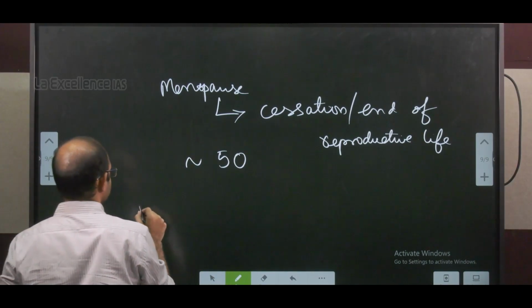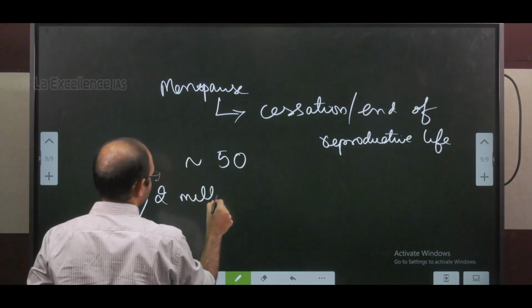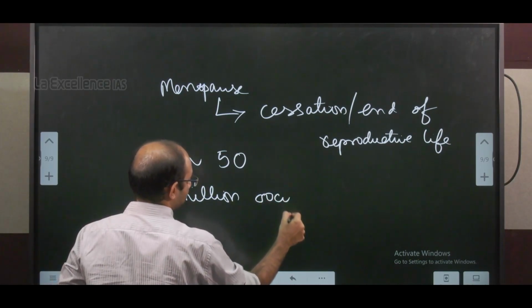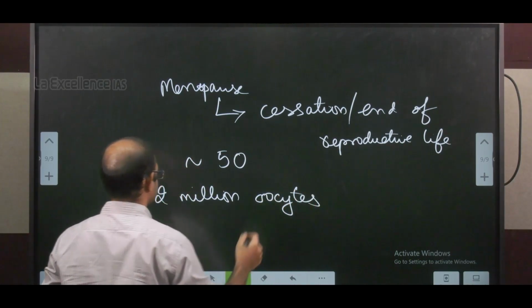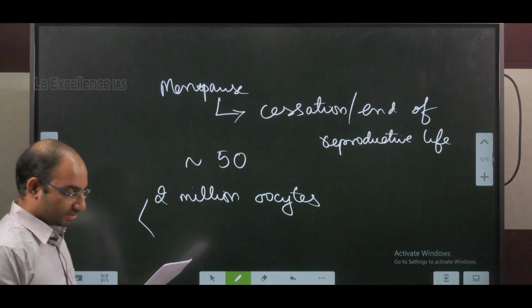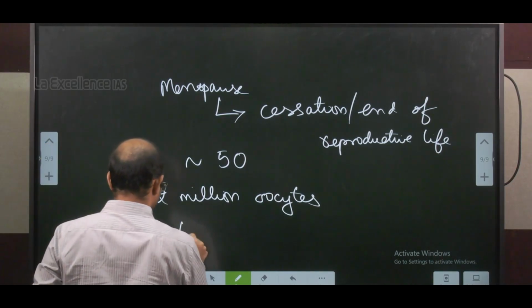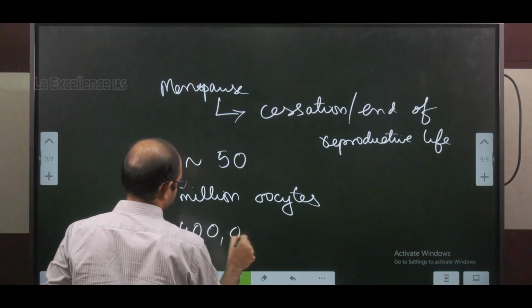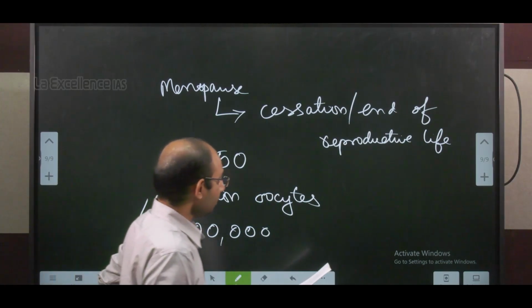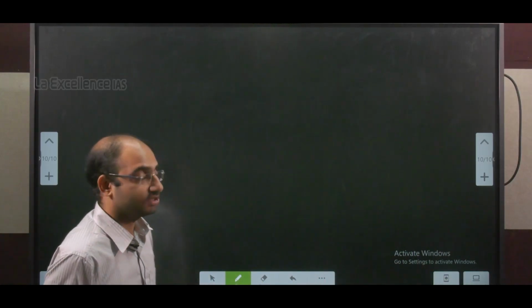And in case of women, describe the thing. When women are born, they are born with roughly 2 million oocytes, or 2 million odd eggs. By the time they reach menopause, the egg number drops to roughly 400,000 or 4 lakh eggs. Then there is one interesting aspect of menopause that you must discuss.